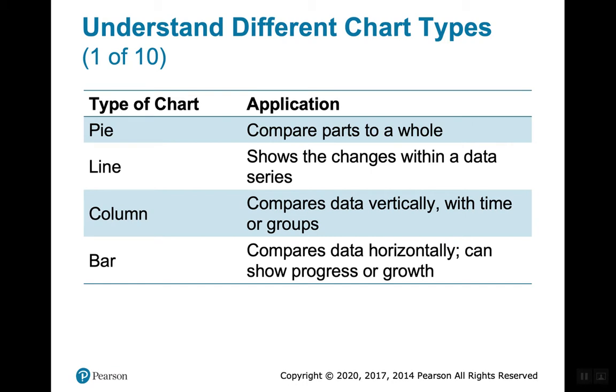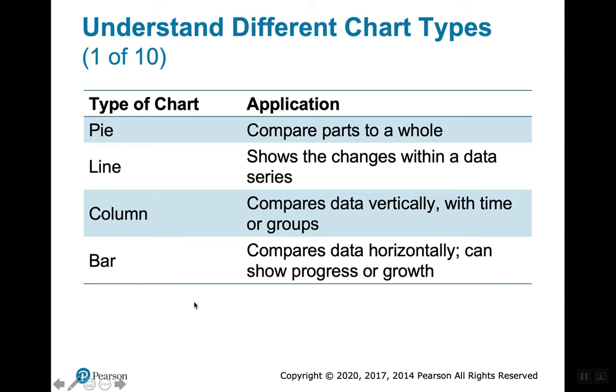All right. So a couple different chart types. Pie charts, where we have a representation of a whole and a breakout of what the different components are. Line charts, which are designed to show changes within a data series, over time, for example.